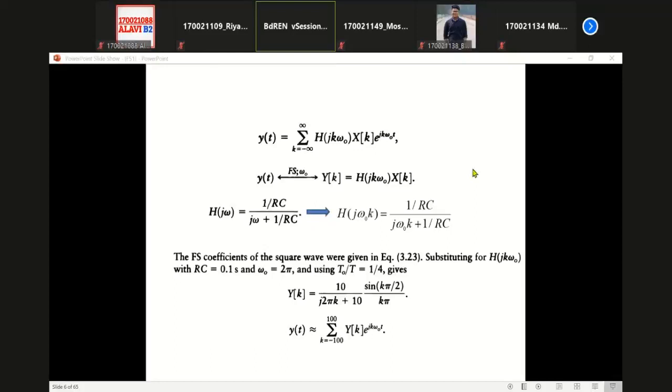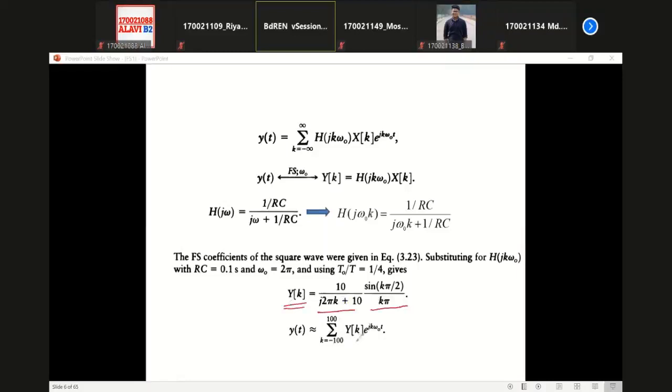If we have a circuit or system and an input is given, what will your steps be? You express your periodic input as a Fourier series, then you determine your transfer function, then you multiply your transfer function with the Fourier constants of your input. That will give you a new Fourier constant of your output.